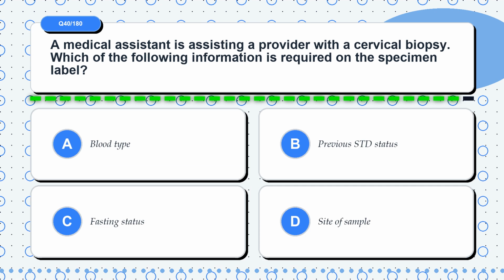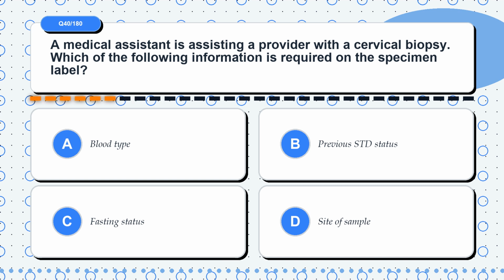Question 40. A medical assistant is assisting a provider with a cervical biopsy. Which of the following information is required on the specimen label? Here are the options. Option A, blood type. Option B, previous STD status.